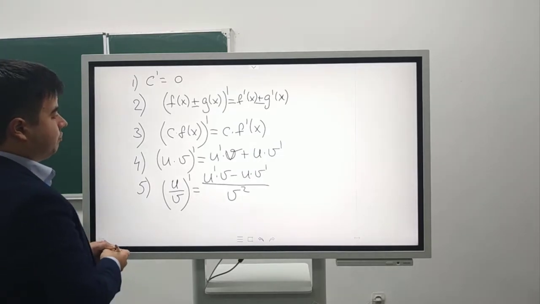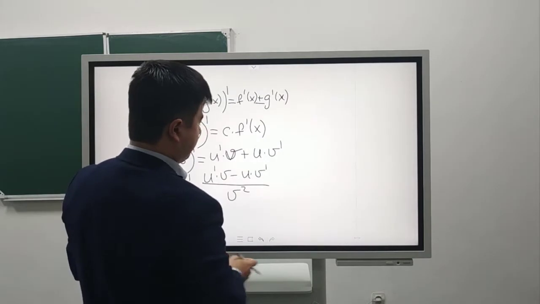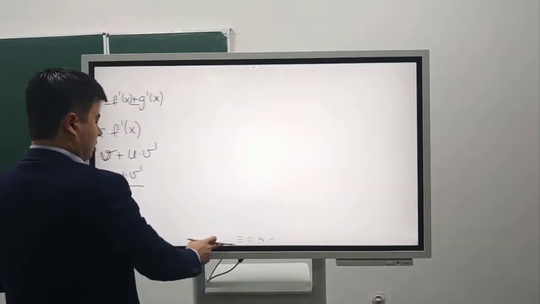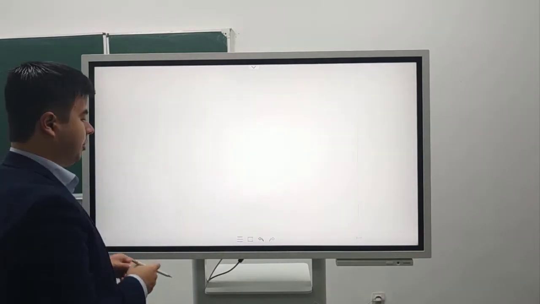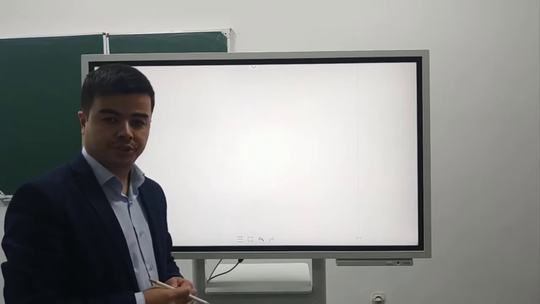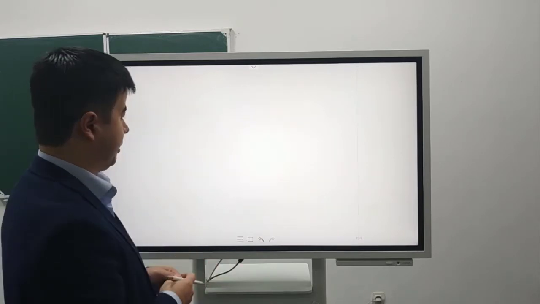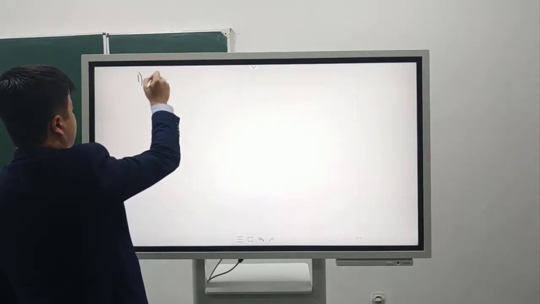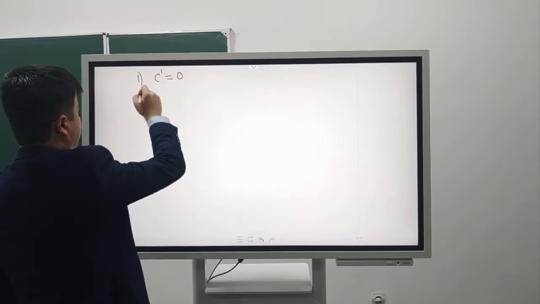And now let's move to the table of the derivative. The table of the derivative means the table of derivatives of elementary functions. The first one: c prime is 0, if it is constant.